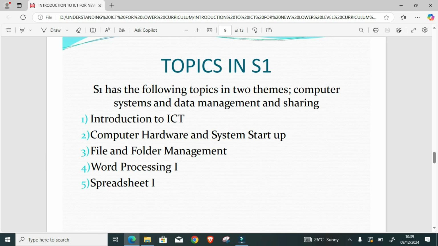Senior 1 has 2 themes, that is computer system and data management and sharing, and it has 5 topics. One is Introduction to ICT, computer hardware and system setup, file and folder management, word processing 1, spreadsheet 1.